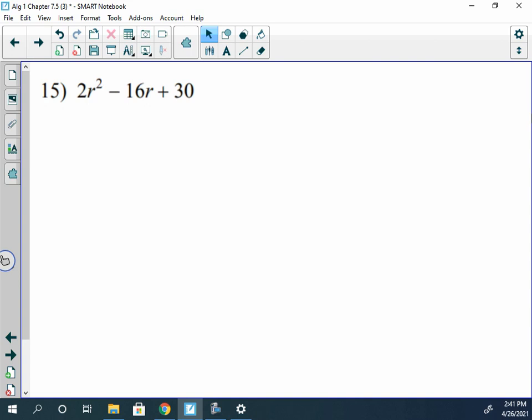So here, is there a greatest common factor between all three terms? Yes. What is it? 2. So 2 does go into 2r squared, 2 does go into 16, and 2 does go into 30.